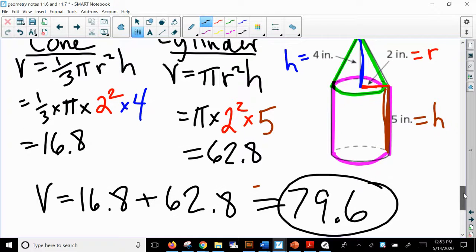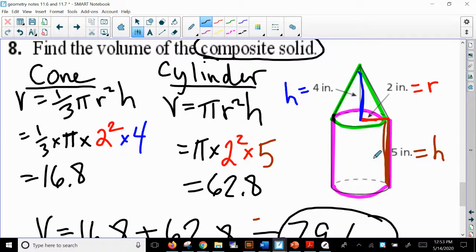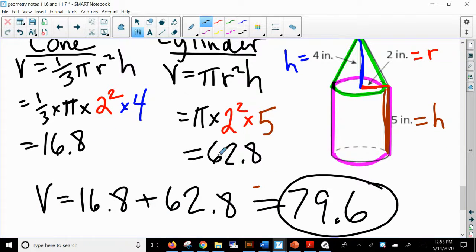So anytime you have a composite object, you have to know which 2 shapes you have so that you'll know which 2 formulas to use. So the top was a cone, the bottom is a cylinder. So I had to do the cone volume first using the cone formula. Then I did the cylinder volume using the cylinder formula. I took my 2 volumes and I added them and splat out, I have my answer. That's the volume of the entire object.